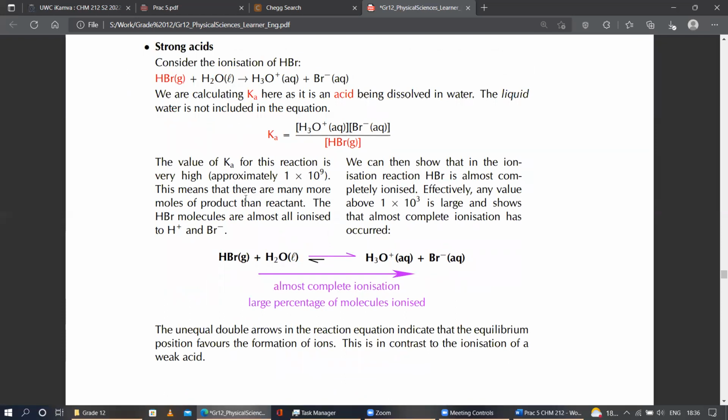So here they're going to give you the value of the ionization constant if it's a strong acid. You just know that the ionization constant is going to be high, around 10 to the exponent 9.